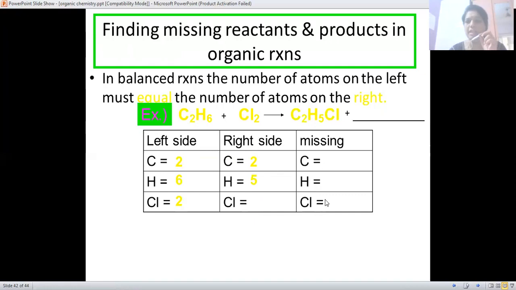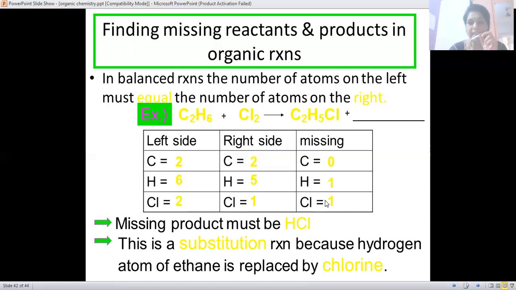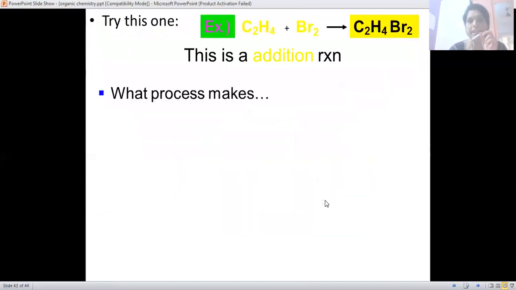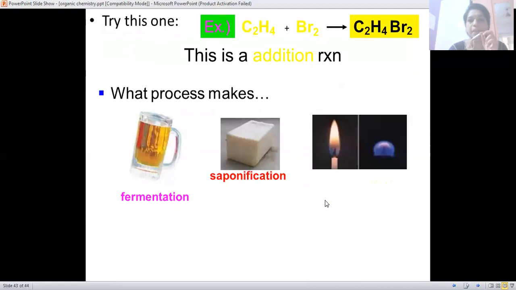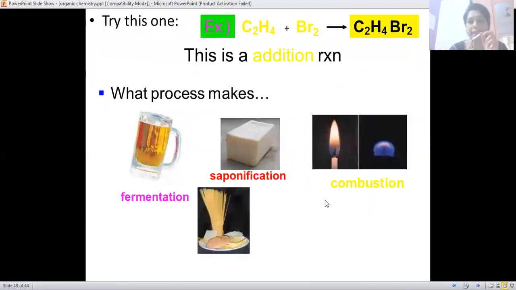Is there anything missing? Yes. What is missing? One chlorine and one hydrogen are missing. And how does the missing product get formed? HCl. This is a substitution because the hydrogen atom of ethane is replaced by chlorine. So this is a very small and sweet example of balancing reactions.